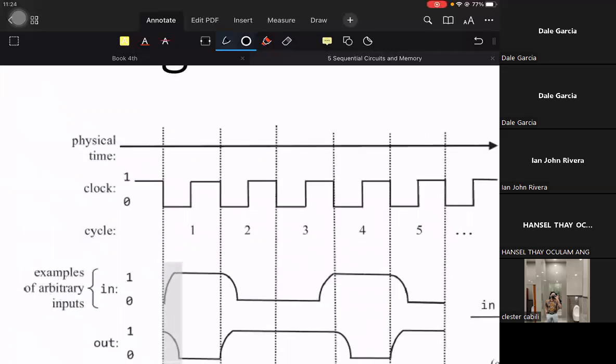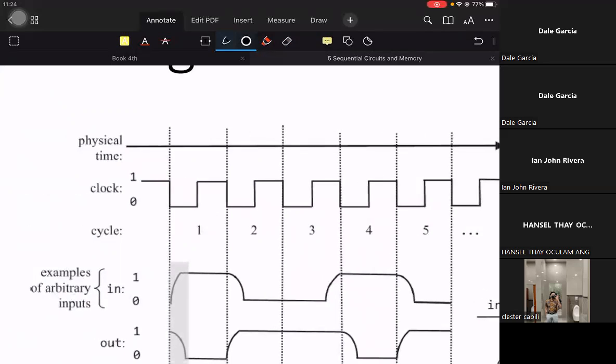In actual practice, the circuit that we use to generate this waveform is called a clock. And it could manifest in many ways. It could be the output of an oscillator. Okay? Oscillator. And as we know from Electronics 2, or even in comms, an oscillator is a circuit, maybe made of crystal or RC circuits, or an LC tank.